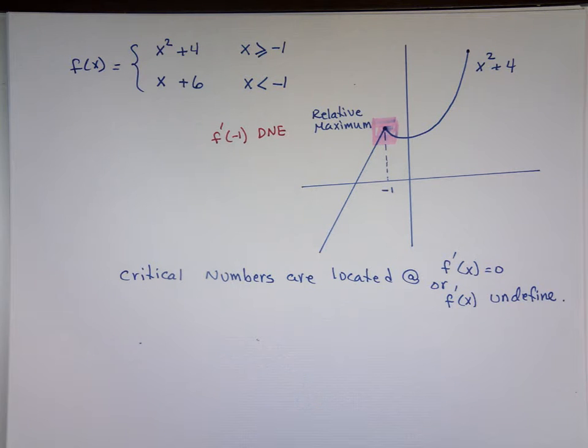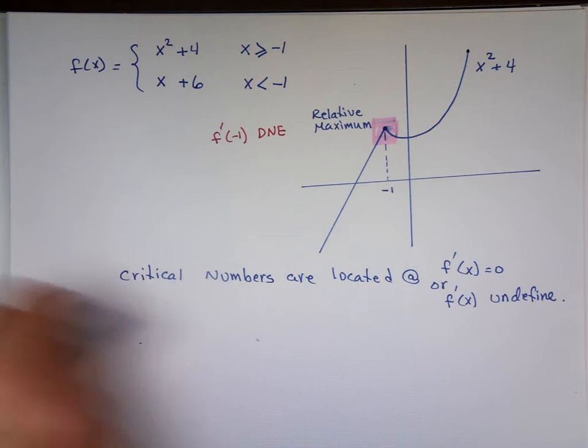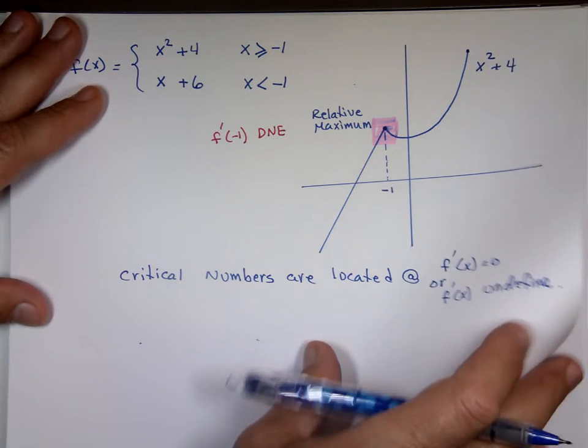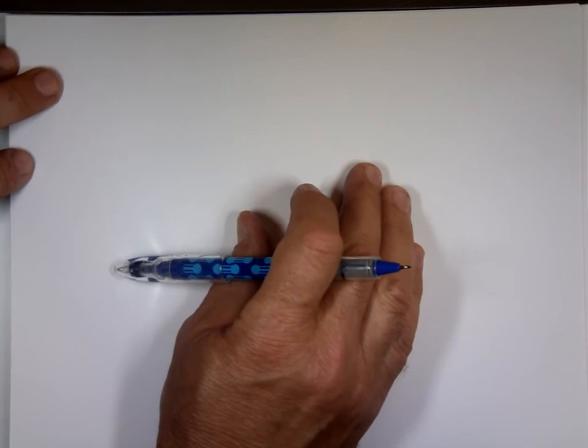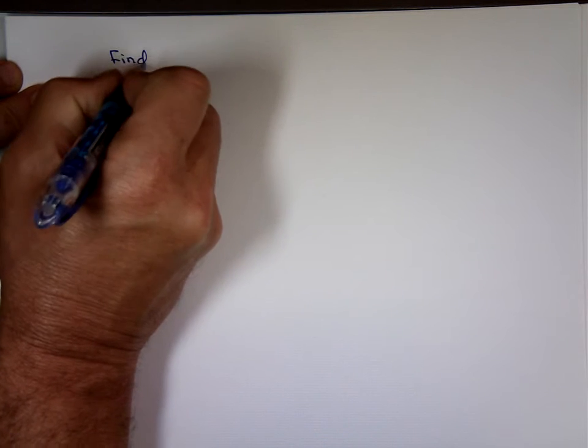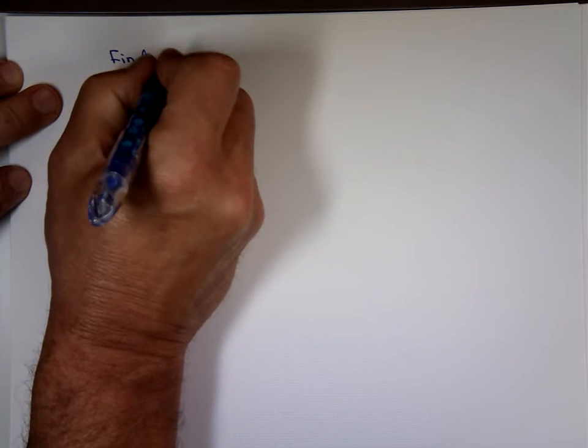Okay, how do we find the min and max value? How do we find where the minimum value is, where the maximum is, without graphing it? So let me take an example. Find the extremes, that means min and max.